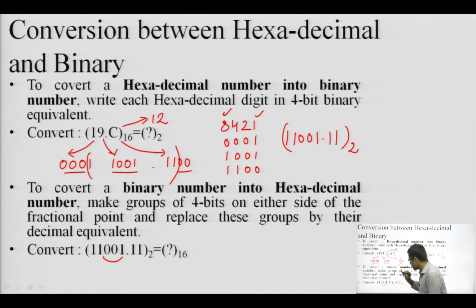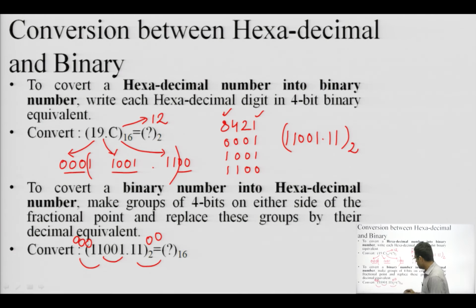So, these 4 bits can be clubbed. Here 2 bits are deficient, so I will be using 2 zeros here, and here also 2 bits are deficient. So, these 4 bits and these 4 bits. There are 3 zeros deficient here.